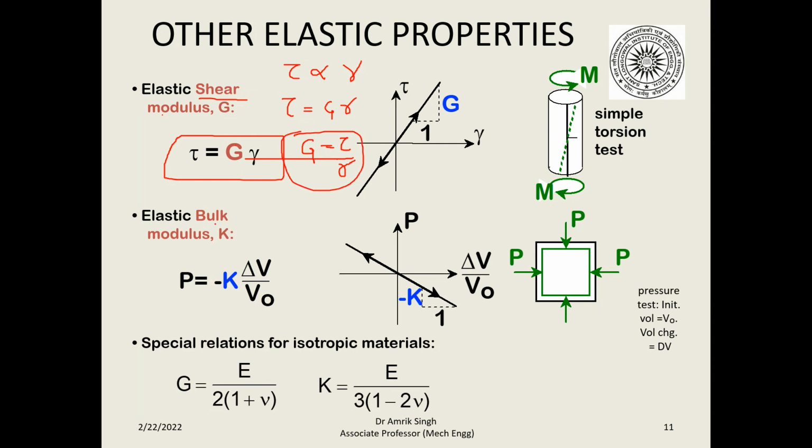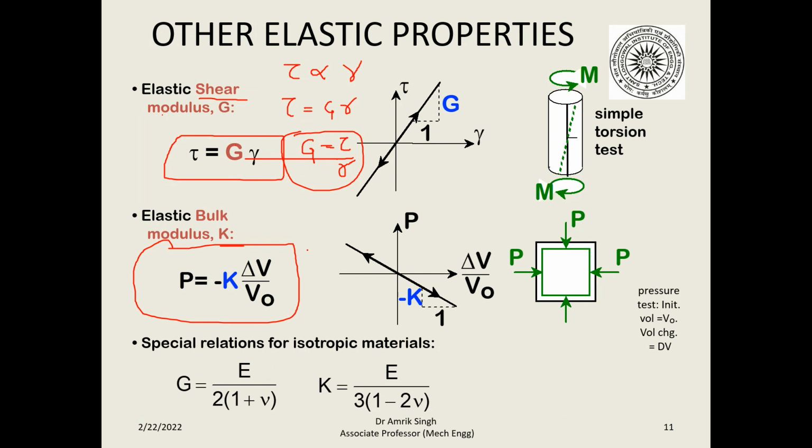Okay. The third modulus is known as the bulk modulus, which is denoted by K. So K is equal to the hydrostatic stress divided by the volumetric strain.